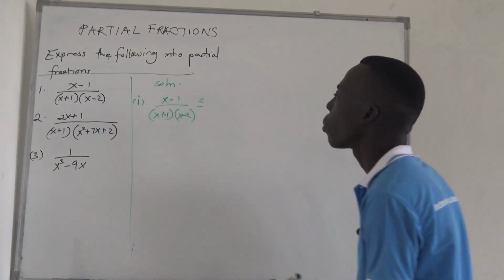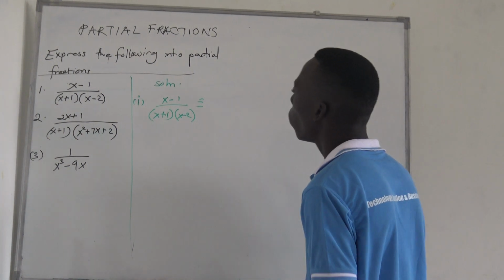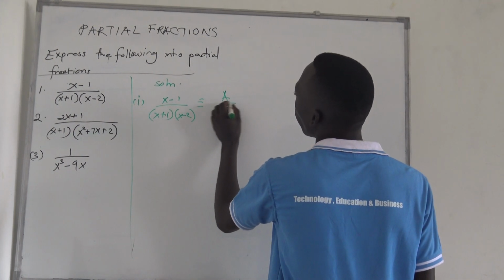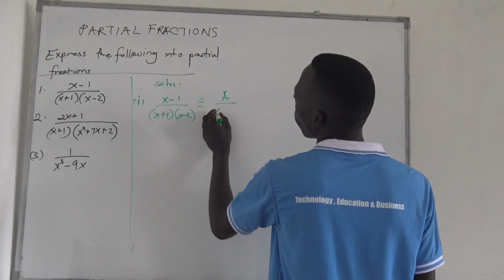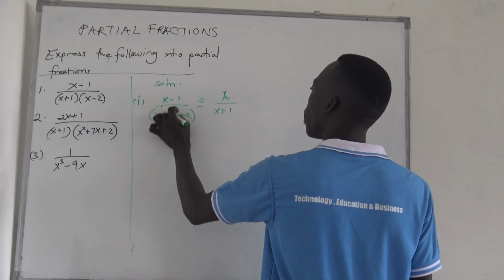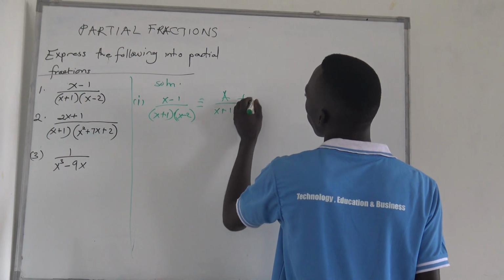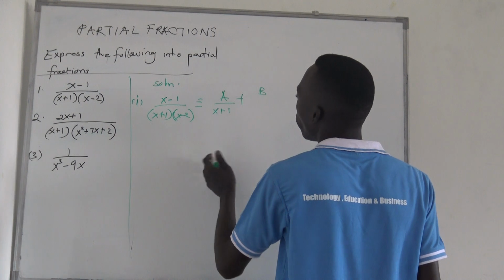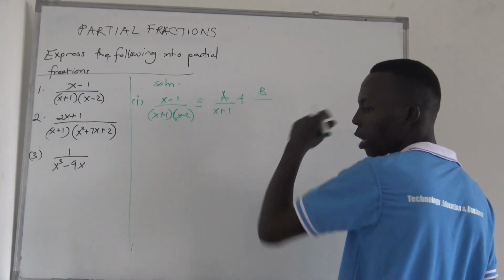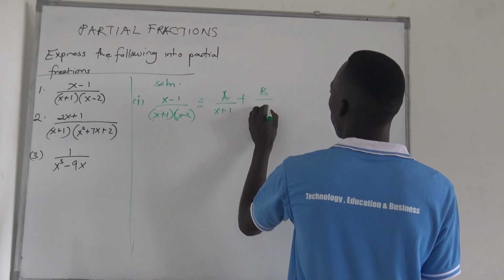We write this as equivalent to a over x plus 1. When it is multiplication, we just add, plus b over x minus 2. From A you go to B, then C, D, like that. That's how we move when dealing with partial fractions.